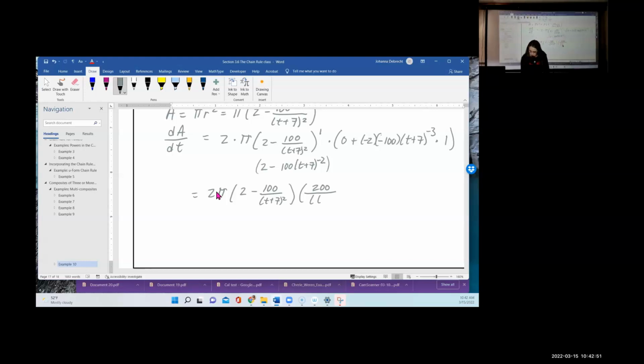So it becomes (t plus 7) quantity cubed. Now we could go ahead and distribute this out a little bit more. We could multiply the 2 by pi by the 200, and that would give us 400 pi over (t plus 7) cubed times 2 minus 100 over (t plus 7) quantity squared. All right. So it looks like that.